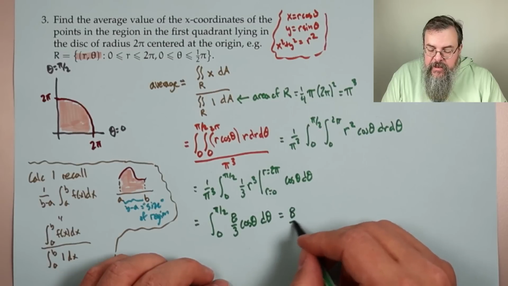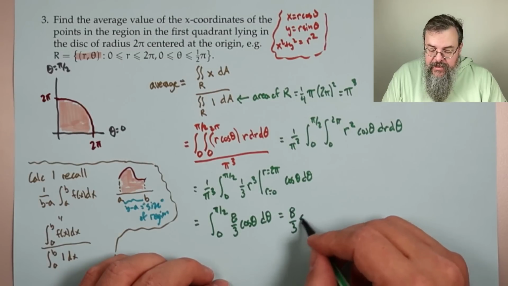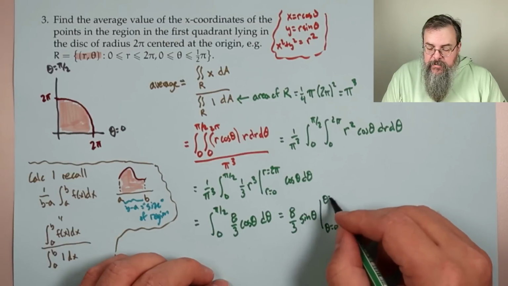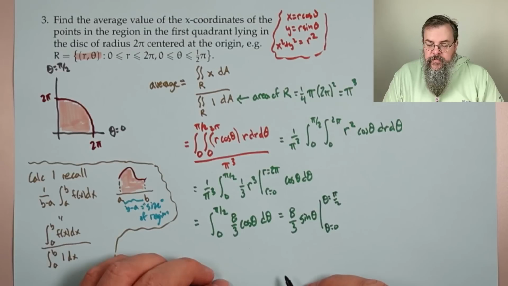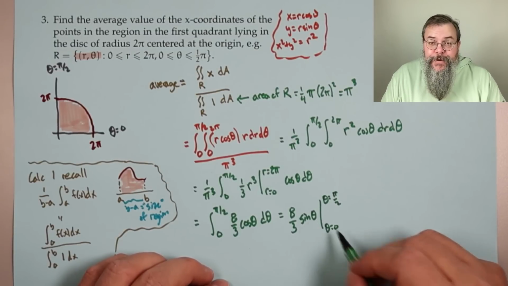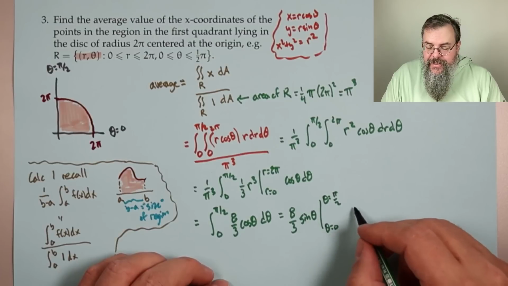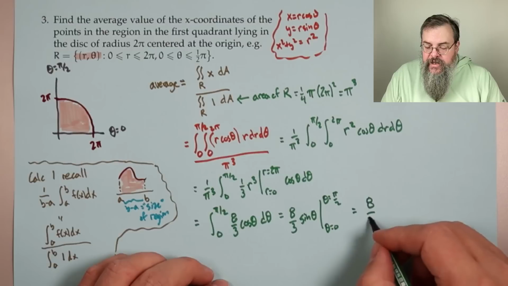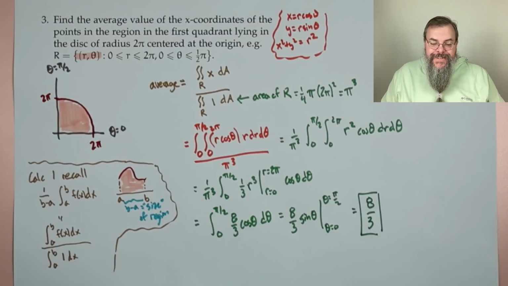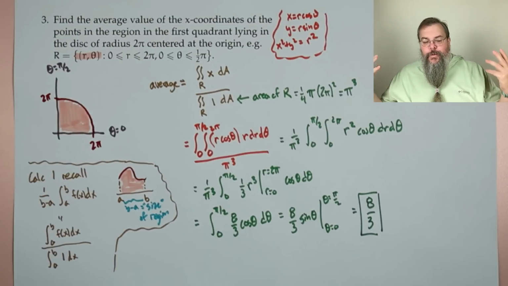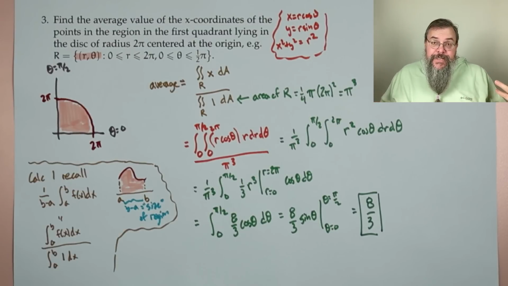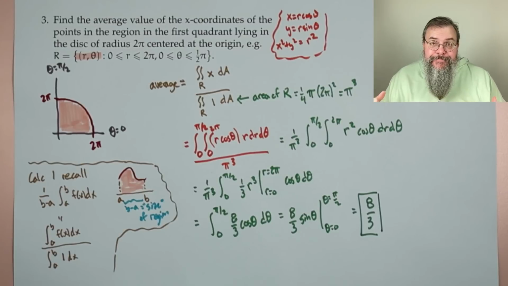The integral of cosine is positive sine, evaluated from theta equals 0 to theta equals pi over 2. And when you plug in pi over 2, you get 1. When you plug in 0, you get 0. And so our answer is 8/3. Good.